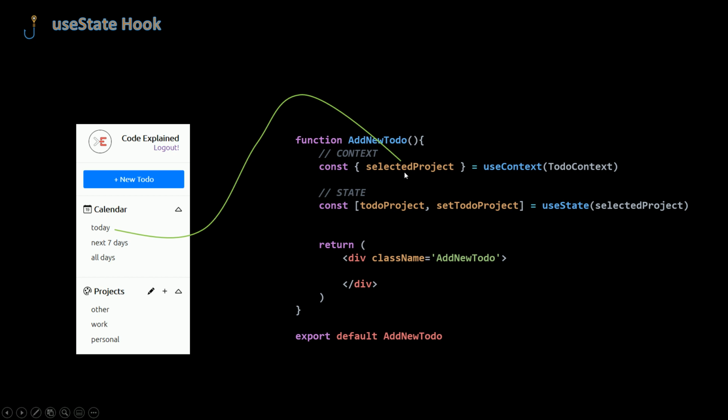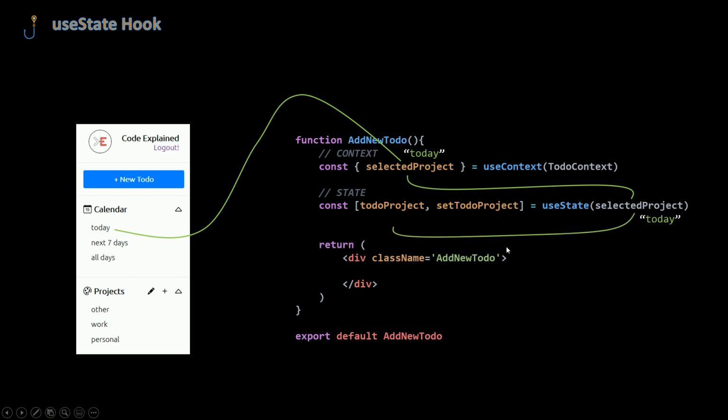So the default value of my selected project is going to be today. So on the very first render for our AddNewTodo, the selected project is going to be today. Then we use useState to create a state for our todoProject, and then we initialize the value of my todoProject with today.